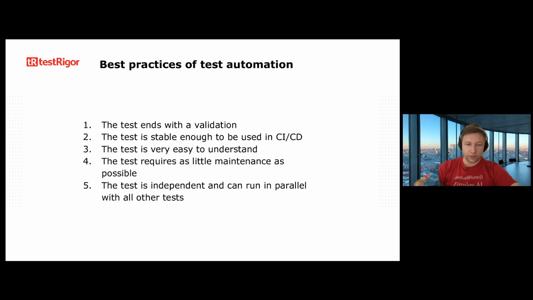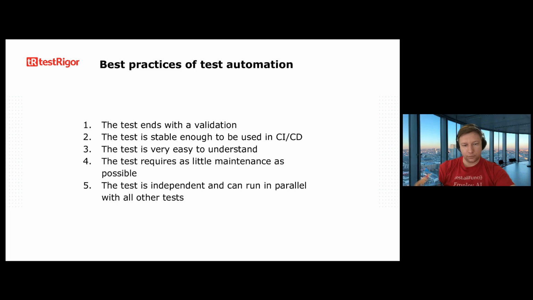Next best practice is the test requires as little maintenance as possible. Again, tools like testRigor will help you out very greatly. And yet again, it oftentimes comes down to generating your test data in advance and building your test in such a way that is least probable to require any maintenance at all going forward.